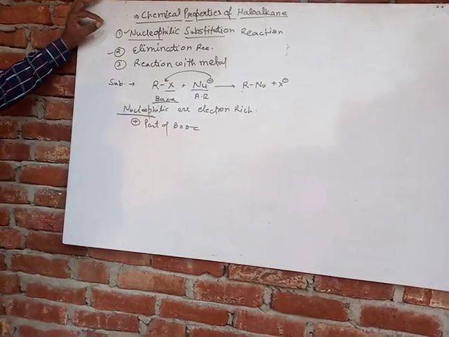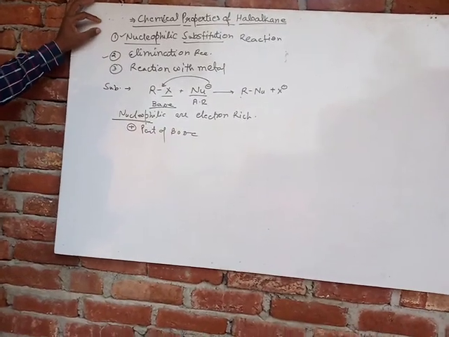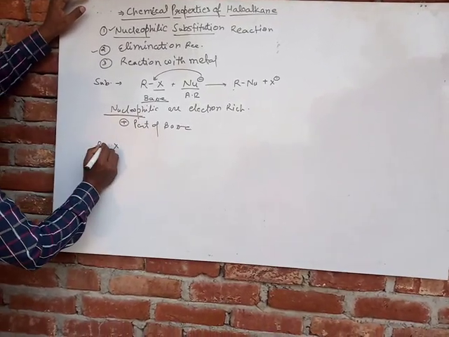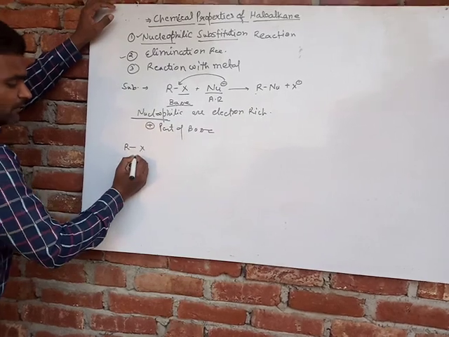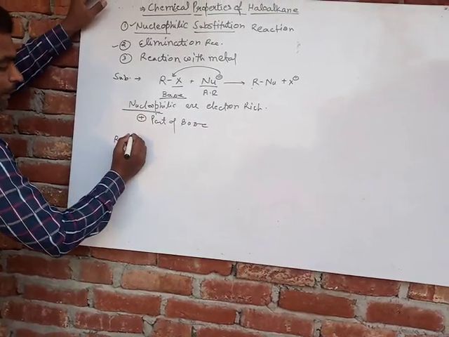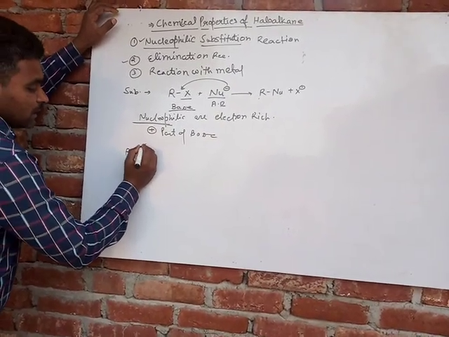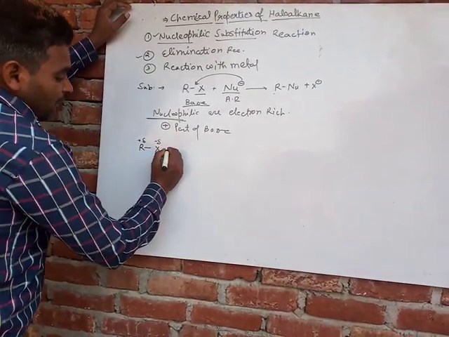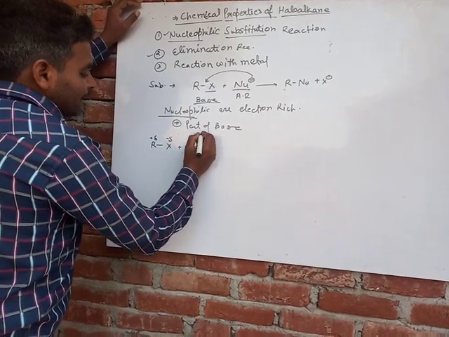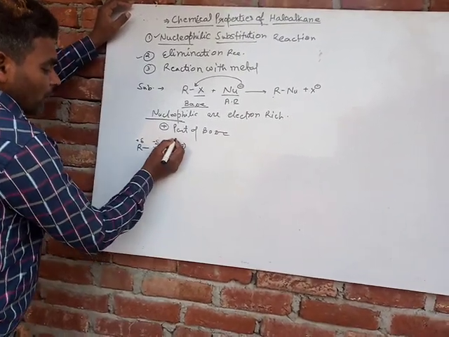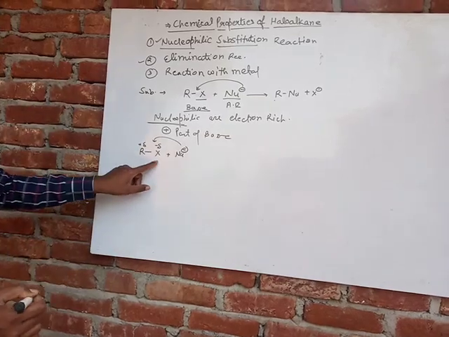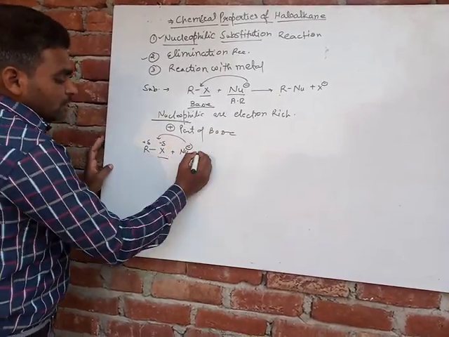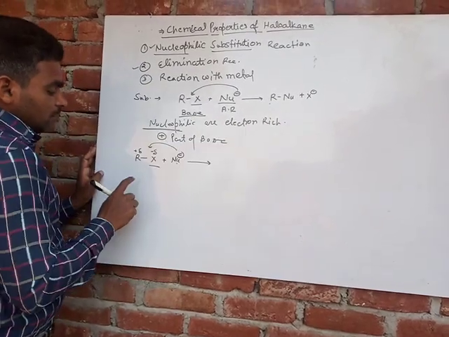And here in alkyl halide or haloalkane, we know the reaction RX. Here X means halogen. Halogen has a partial negative charge and the alkyl group has a partial positive charge. And if the nucleophile attacks this compound, it replaces the halogen and adds in the place of the halogen, like this reaction.